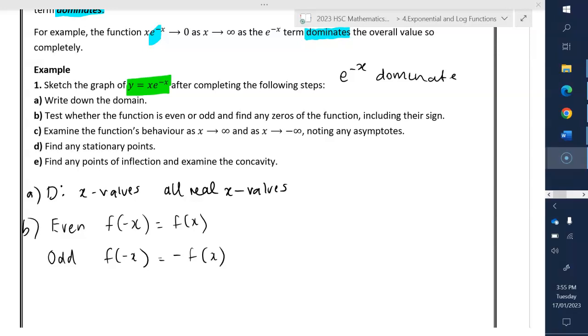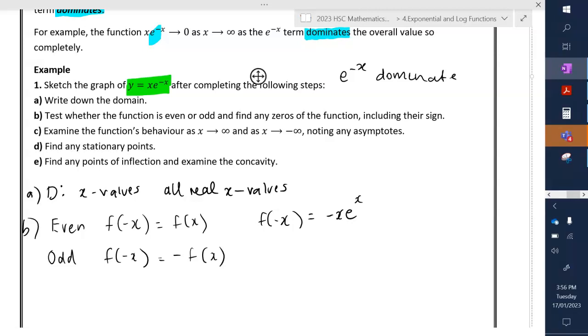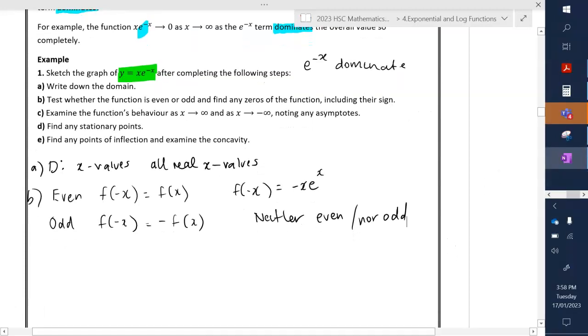So we've got that our f of minus x would be equal to minus x e to the x. That does not equal f of x. Does it equal minus f of x? No, it doesn't. So we're going to say that it's neither even nor odd.